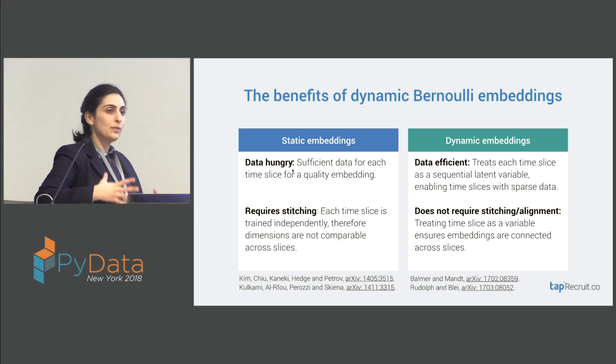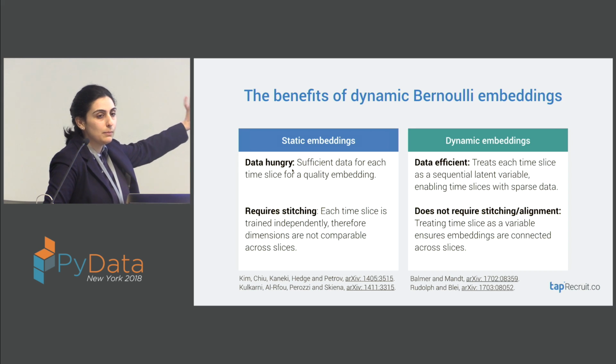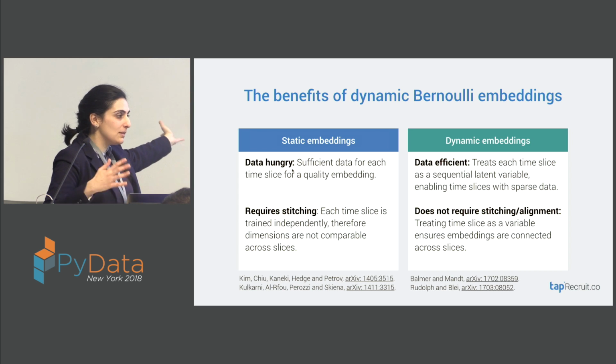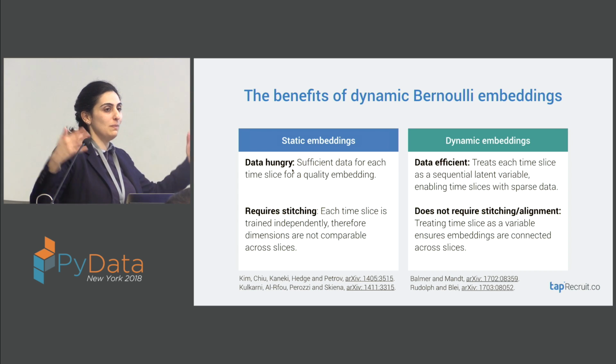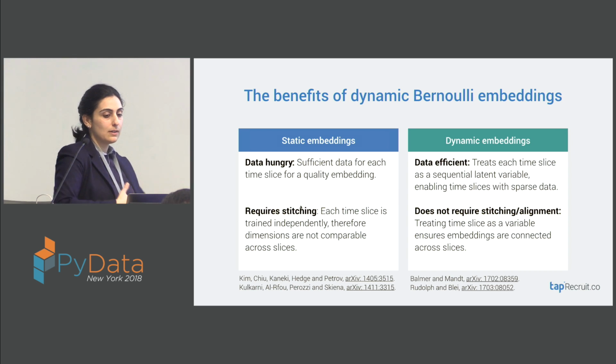But people are doing this analysis over like 100 time slices, and that becomes quite significant. These two papers, for example, needed billions of words, so they had to use the Google Books corpus because there just weren't enough words otherwise. And the other thing is that they require stitching because the dimensions aren't comparable across slices.